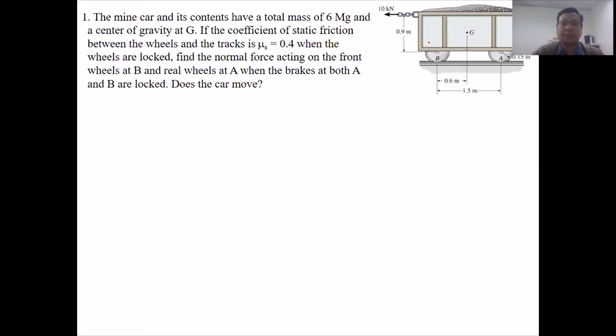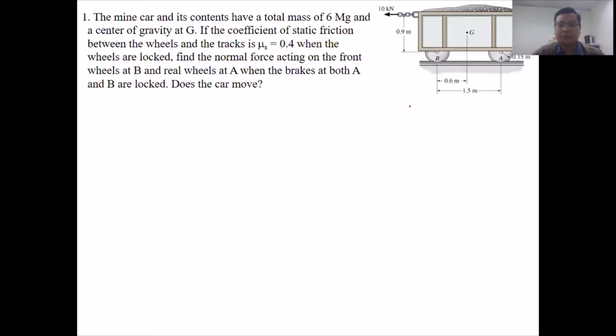So the question refers to the wheels in the figure. We can see here the trolley has a certain mass and a center of gravity, and it is pulled by 10 kilonewton to the left side. The dimensions are already mentioned in the figure. The question is, if the wheel brakes have a static mu of 0.4.